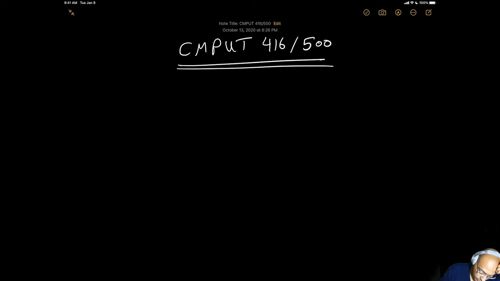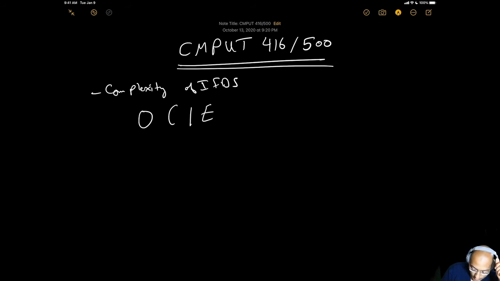Just to give you a quick idea about the complexity of IFDS as an analysis, the algorithm itself: the complexity is big O of the number of edges you have in the exploded supergraph, because you have to analyze those, multiplied by the size of your domain to the power 3.